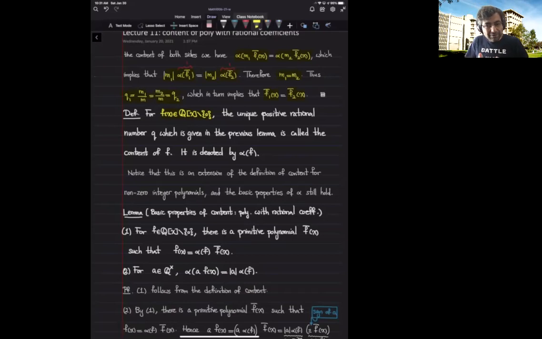So now I can extend the definition of content from integer polynomials to polynomials with rational coefficients. I'm going to call this unique Q that we got in the previous lemma the content of the polynomial F, and denote it by alpha of F. As we have pointed out, it is compatible with what we had earlier for integer polynomials.